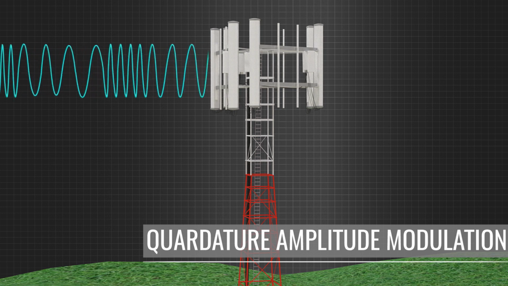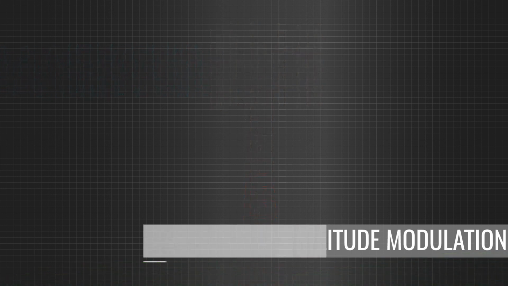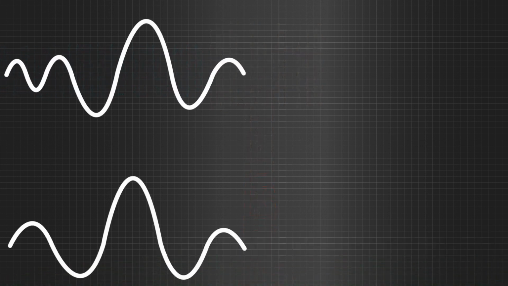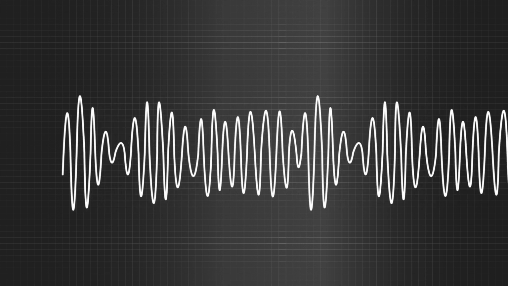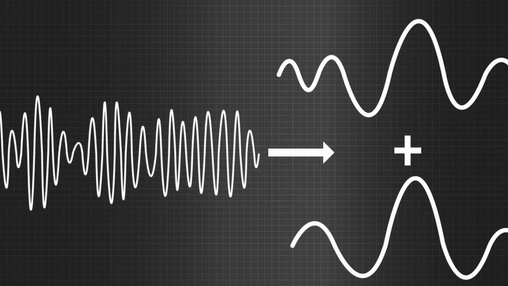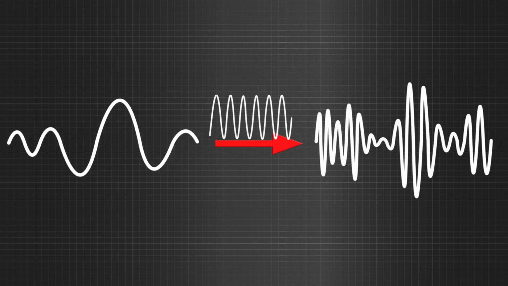To understand QAM in an easy way, let's take two analog signals. The beauty of QAM is that you can modulate these two different signals as a single signal and then transmit it. Then at the receiver end, you will be able to separate out the original signals, thereby saving bandwidth. Let's see how this modulation is done. In QAM, the first signal is amplitude modulated using a carrier wave as shown.